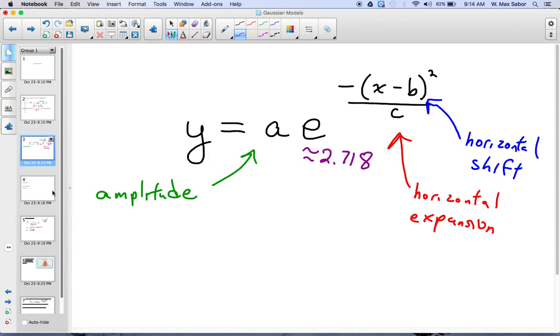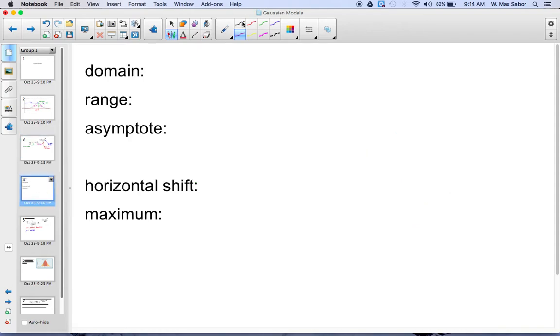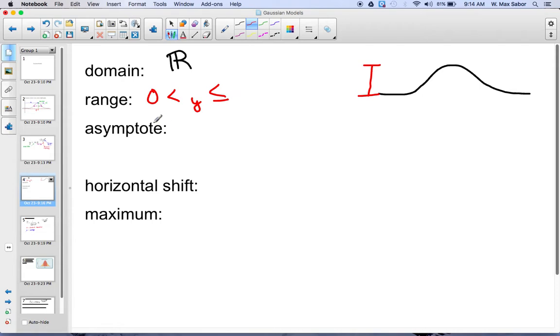So now let's look at some of the properties of this graph, things that I might ask you about. What is the domain? Well, if you look at this curve, you can put any number into this curve. It's defined at every x coordinate, so all real numbers. But the range only goes from the maximum down to the asymptote. So it's between 0 and the maximum value.